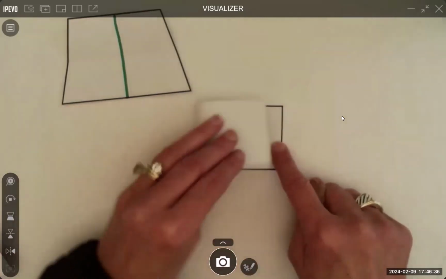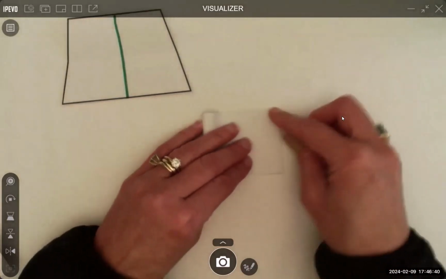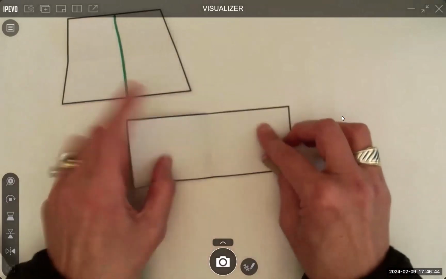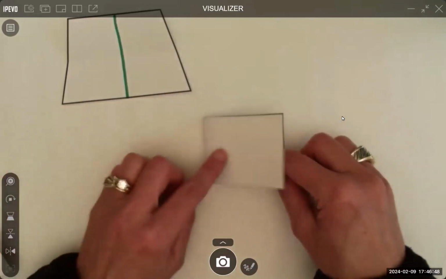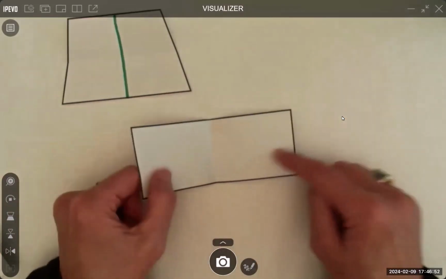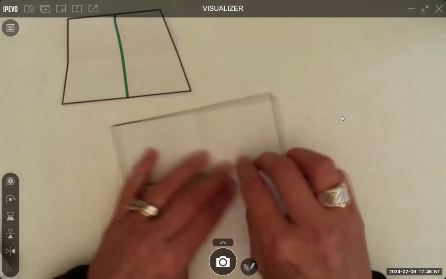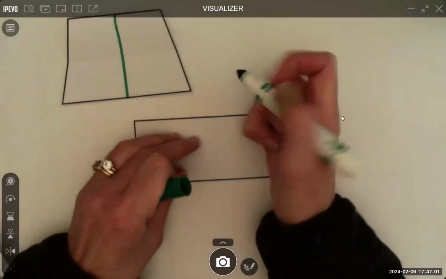So I'm going to fold it, matching vertice to vertice, side to side, opposite sides to opposite sides. And what I see is that, yep, when I folded this over, the top half matched exactly to the bottom half of this shape. So a rectangle has a line of symmetry that is vertical.